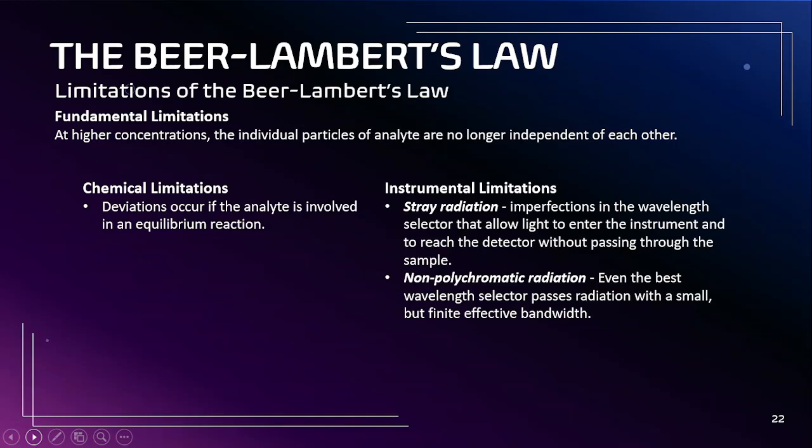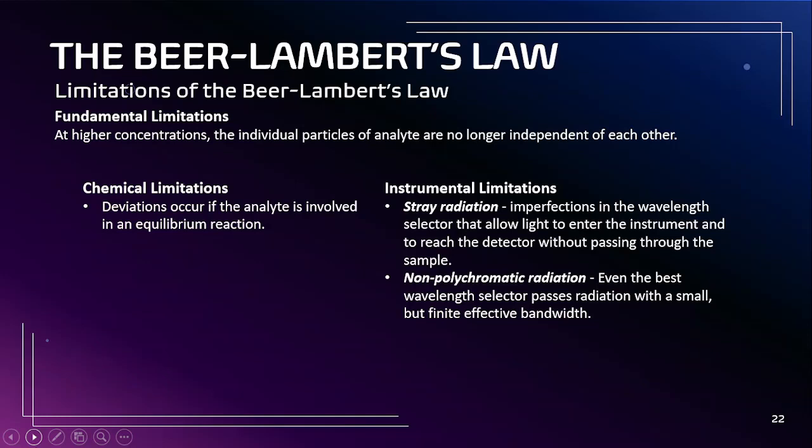Next is non-polychromatic radiation. Even the best wavelength selector passes radiation with a small but finite effective bandwidth. So there is no such thing as a perfect wavelength selector. Since light or photons exist in a spectrum, there are certain errors that could not be prevented.